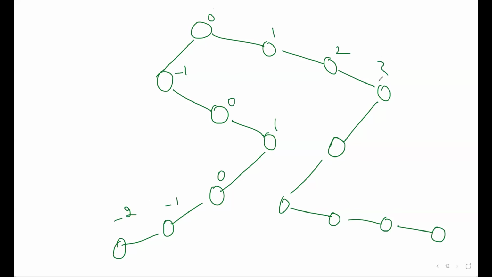This at 1, 2, 3, 2, 1, 2, 3, 4. So the nodes that will be printed are this node, this node, this node, this, this, and this. So you cannot keep on going left, left, left.